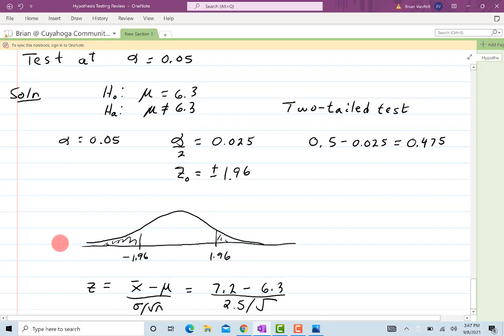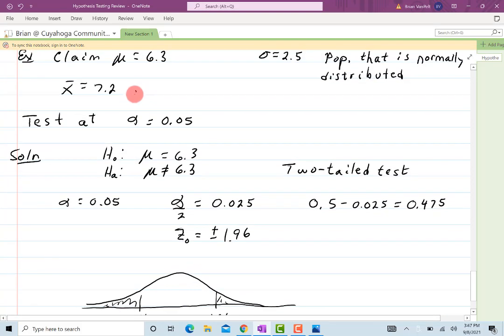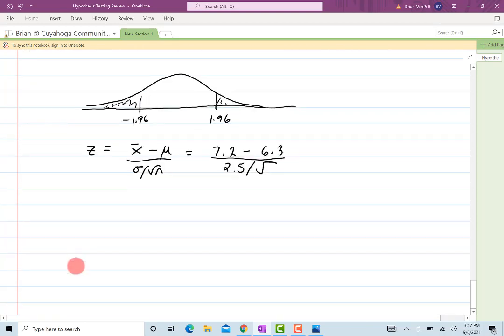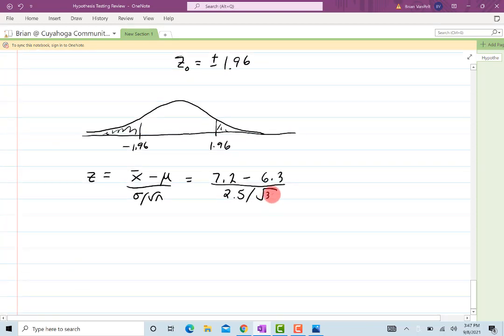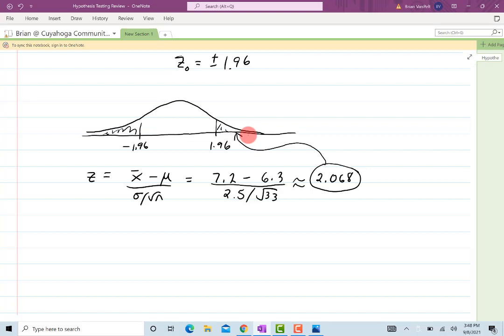So let me append it in the problem. I apparently forgot it. N was equal to 33, and let me put that in here. 2.068, and if you look, 2.068 is right into the rejection region, so that means we reject.